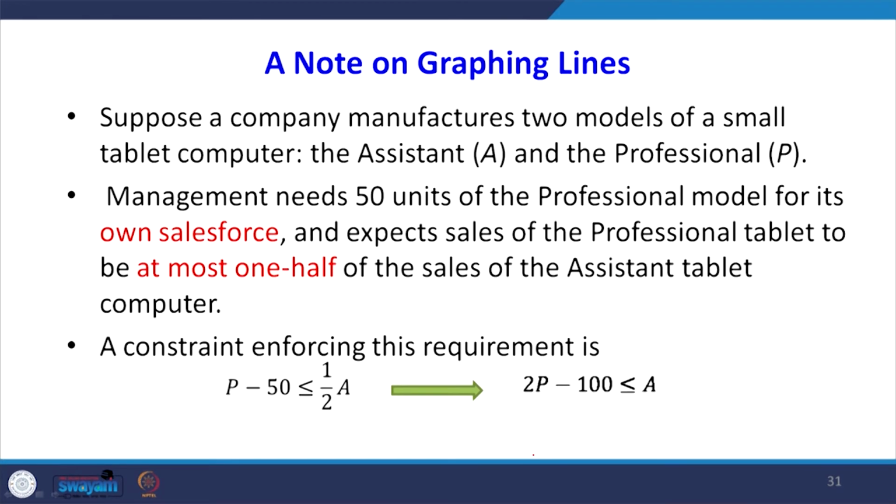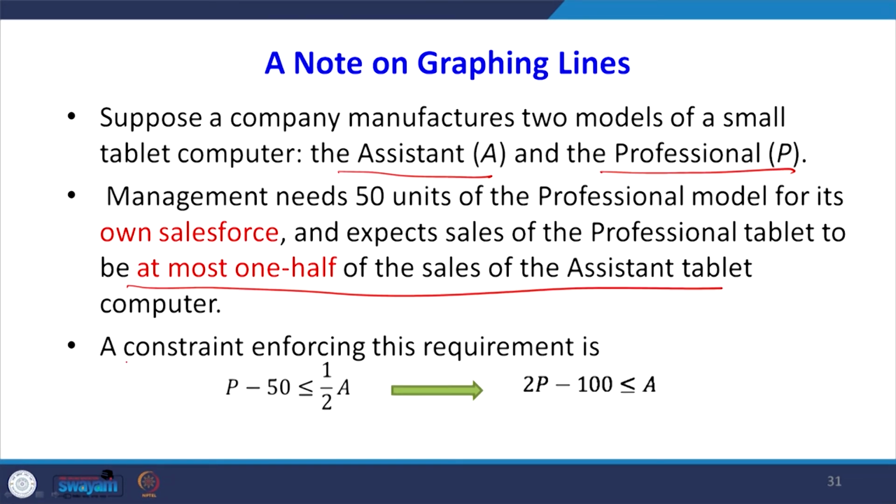A note on graphing a line. Suppose a company manufactures two models of small tablet computers. Assume that there are two models, one is the assistant model, another one is the professional model. Management needs 50 units of the professional model for its own sales force and expects sales of the professional tablet to be at most 1/2 of the sales of the assistant tablet computer.